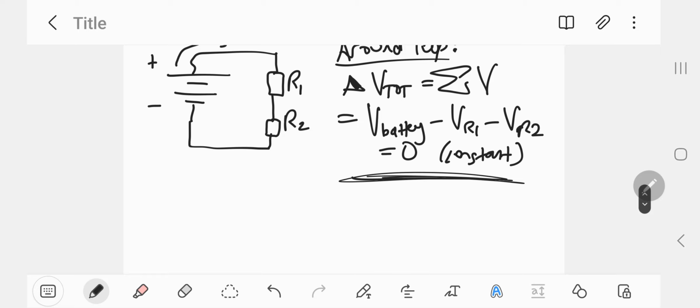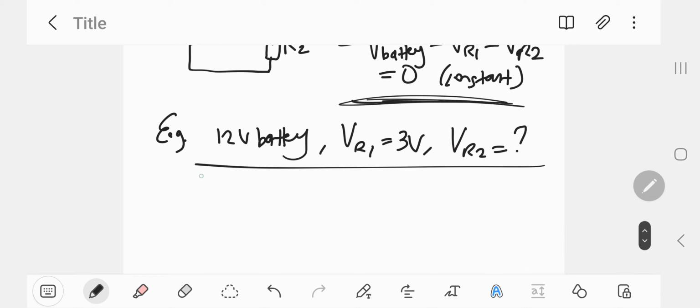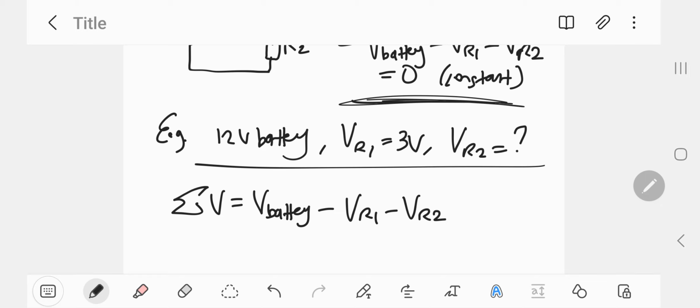Let's see how this works. Suppose we have a 12-volt battery in this circuit, and the voltage of the first resistor is 3 volts, and the voltage of the second resistor is unknown. How do we work it out? Well, we use Kirchhoff's voltage law. The sum of all voltages is the voltage of the battery minus the voltage of resistor 1 minus the voltage of resistor 2.